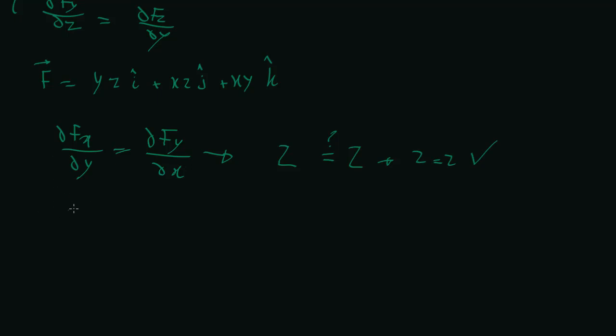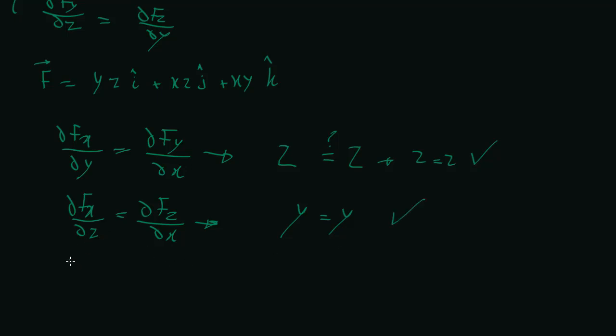All of those conditions should be true. So the derivative of fx with respect to z should be equal to the derivative of fz with respect to x. The derivative of the first component with respect to z is y. The derivative of the third component with respect to x is also y. So this condition also holds true.